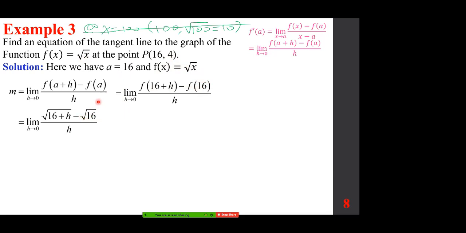But no matter what, you have 0 over 0 if you plug it in, which means it's an indeterminate form, which means you have to use your algebraic technique to fix it.